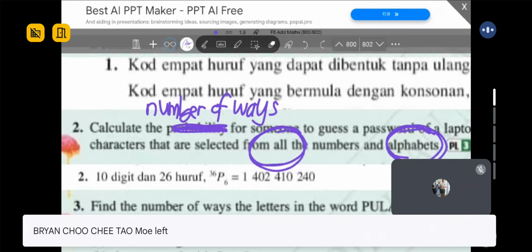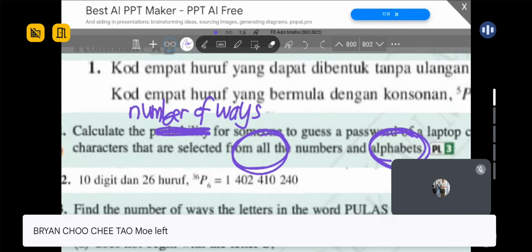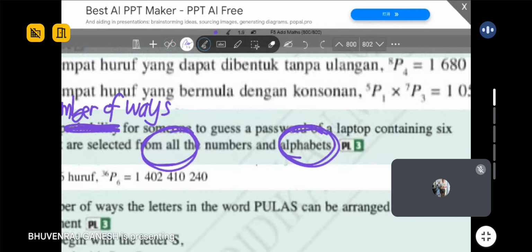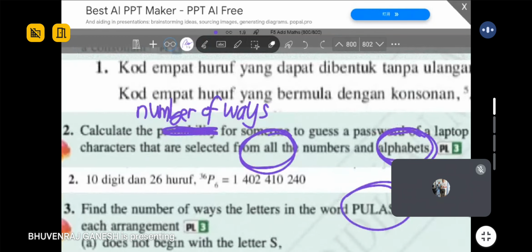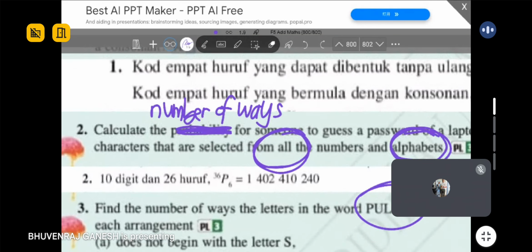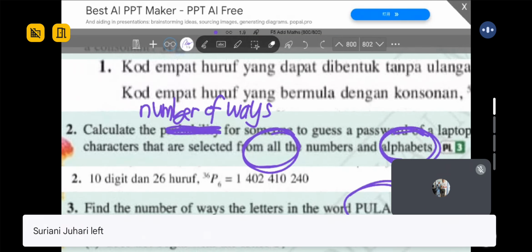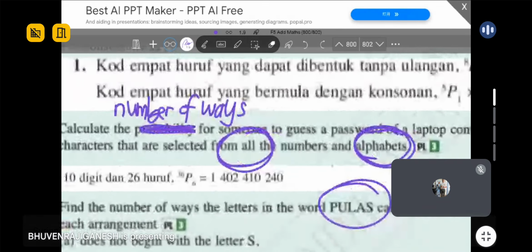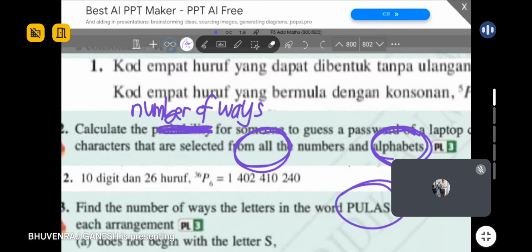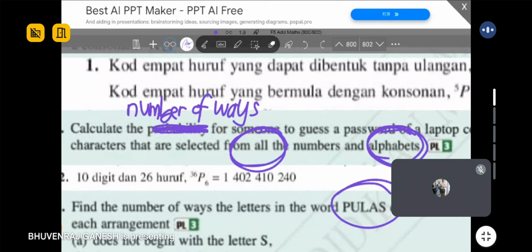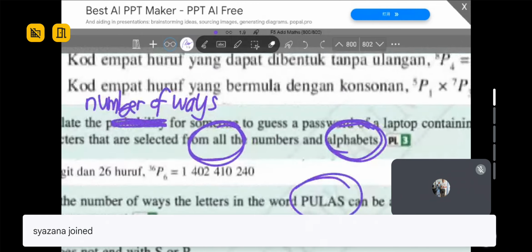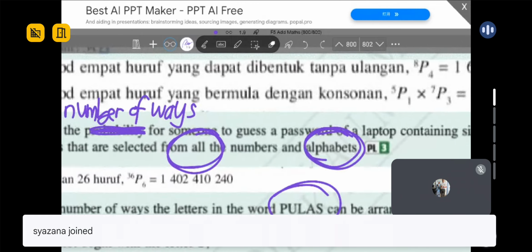Okay, so first question, they ask you the number of ways in this letter, in this word, sorry. Okay, and it must not begin with letter S. Dia tak boleh bermula dengan huruf S. So how to do this, guys? What is the first step I must do? Or anyone got the final answer?